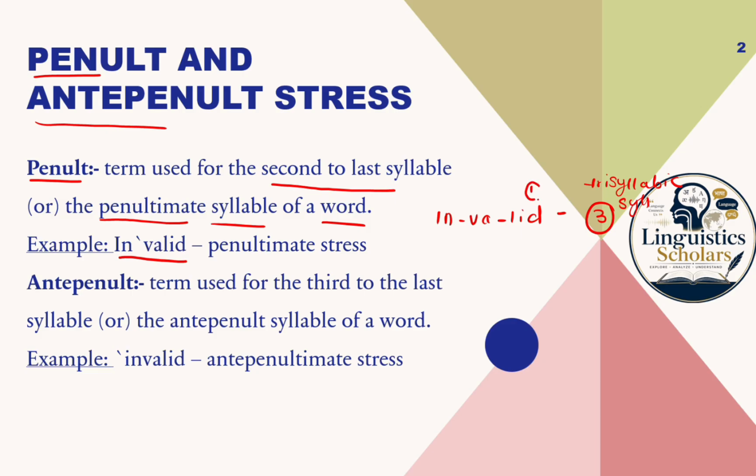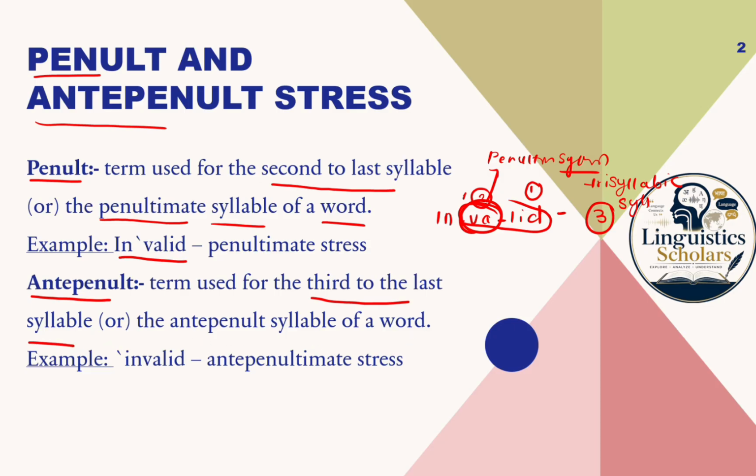Lid is the first syllable from the end and va is the second syllable from the end. This second syllable from the last, the second to the last syllable, is called the penultimate syllable.